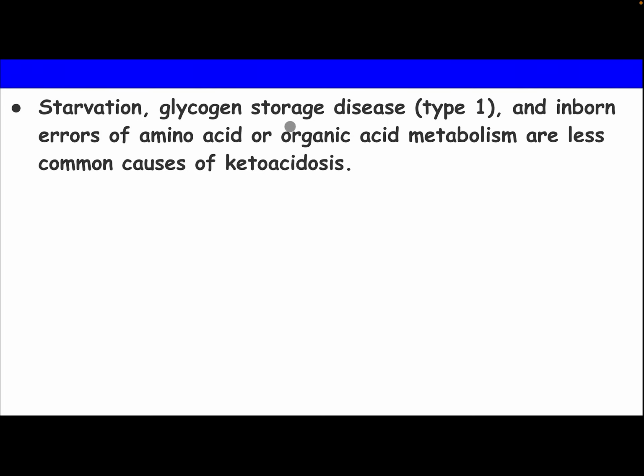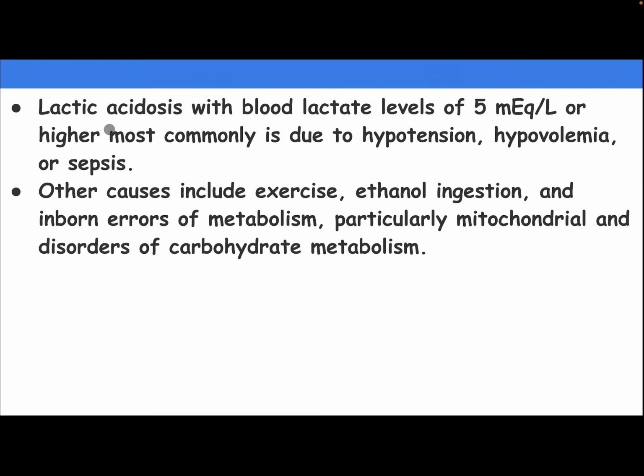Starvation, glycogen storage disease type 1, and inborn errors of amino acid or organic acid metabolism are less common causes of ketoacidosis. Lactic acidosis with a blood lactate level of 5 milliequivalents or higher is most commonly due to hypotension, hypovolemia, or sepsis.